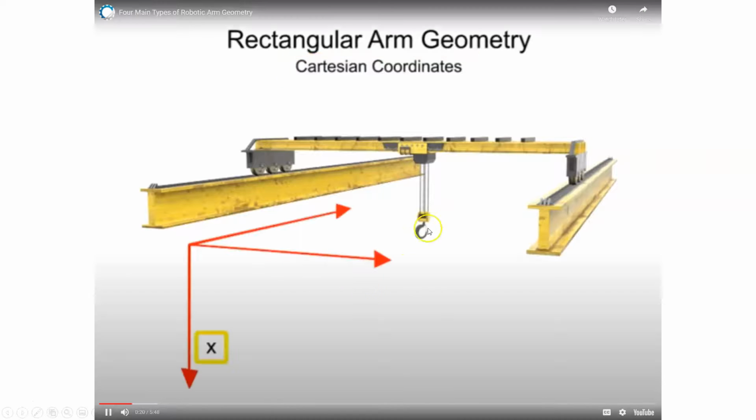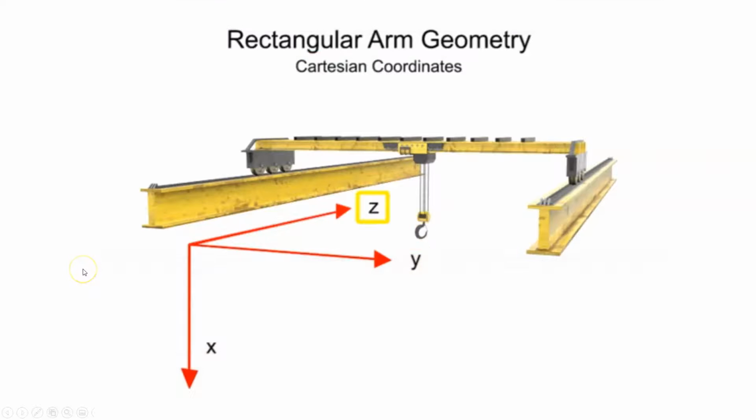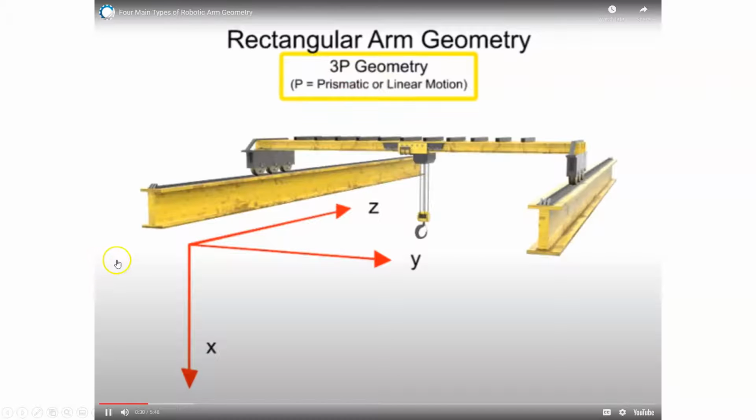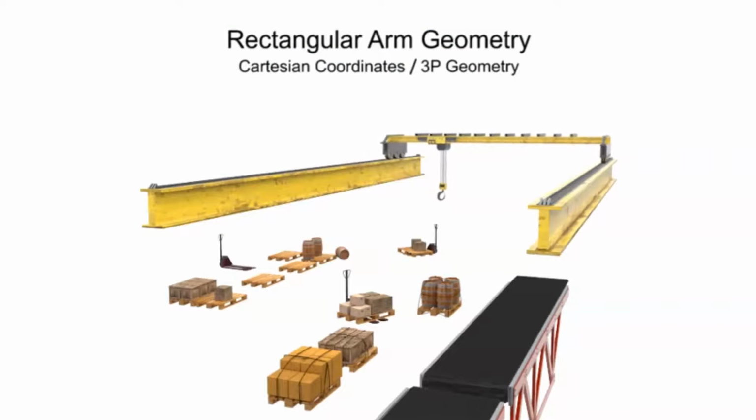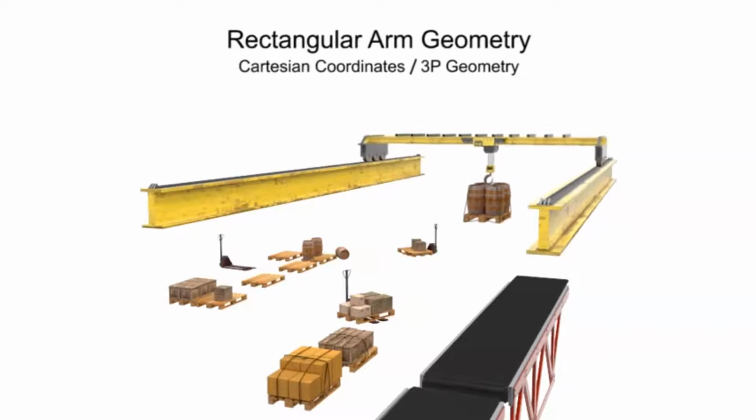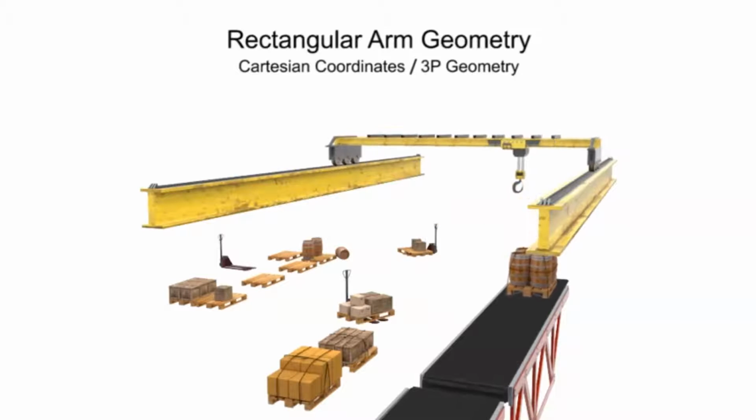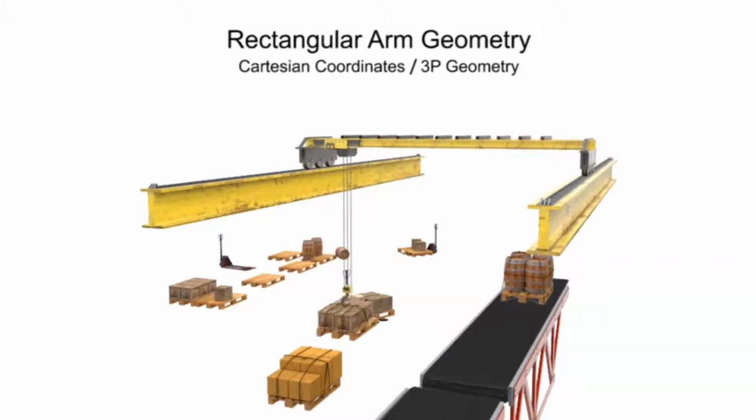You can see the crane here in the different axial directions it's going to move, and how it's being used to lift and move heavy equipment onto the conveyor belt.